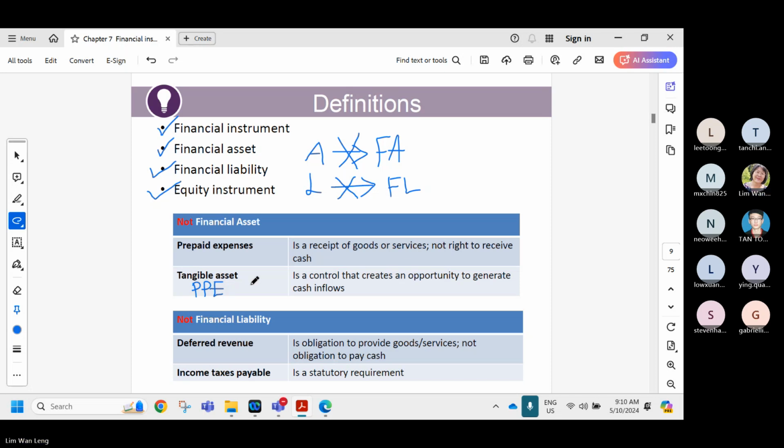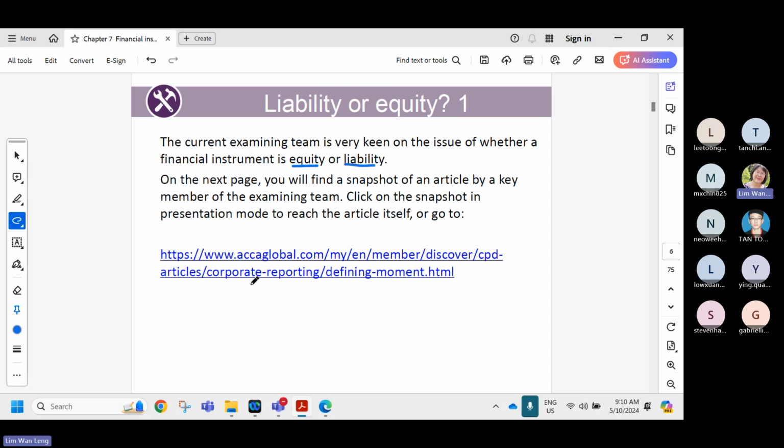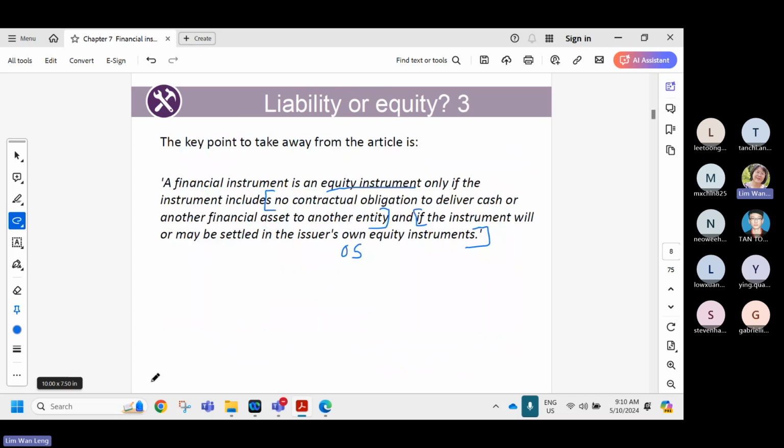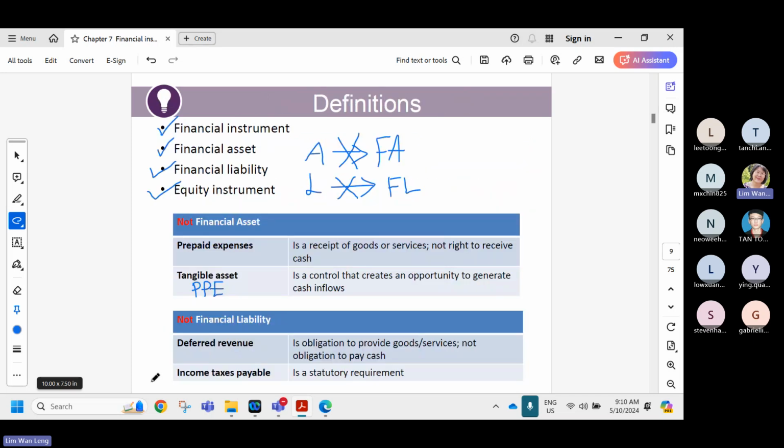No, right? Any contractual right to receive cash or another financial asset is the definition of financial assets, under potentially favourable conditions. So a PPE doesn't give you any contractual right to receive cash.